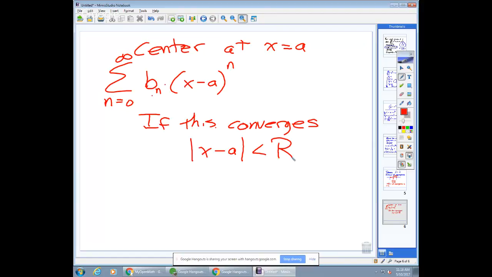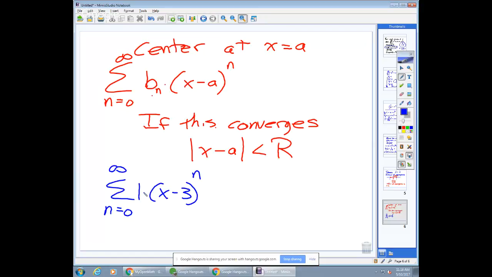So a is some fixed number. So for example, I could have the sum as n goes from 0 to infinity of just x minus 3 to the power n. Here I'm letting my b sub n's be 1 all the time, right? That's like the simplest I can make it. But we'll look at some more complicated b sub n's in a minute.